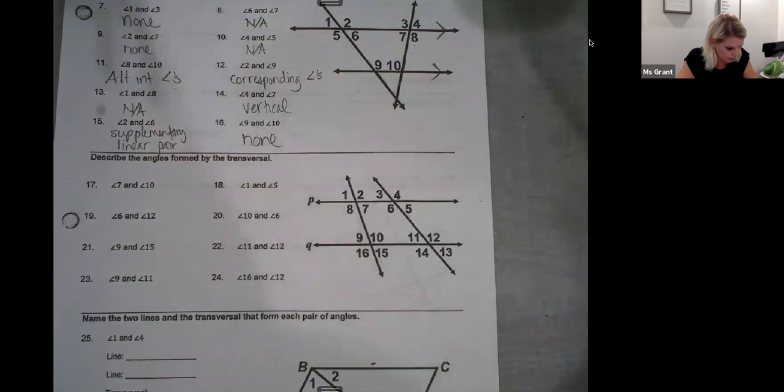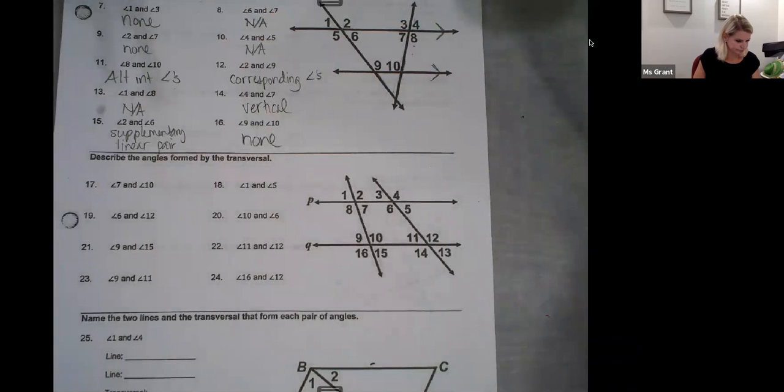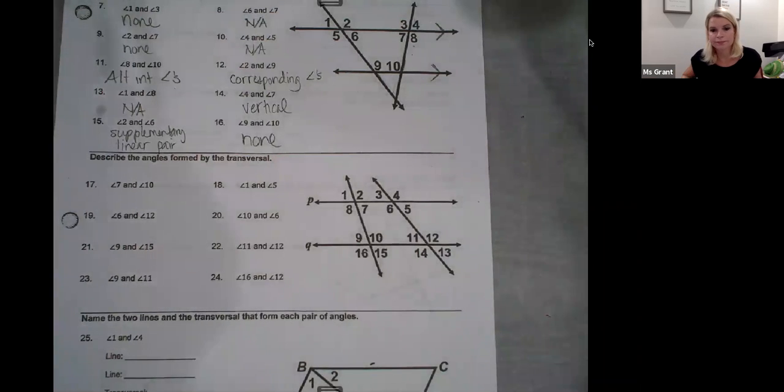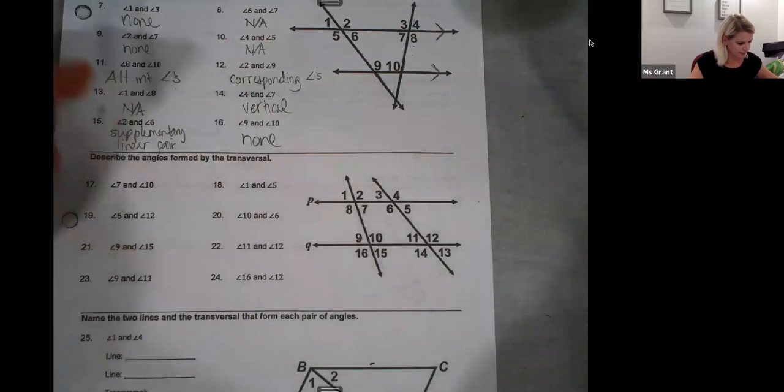Andrea, you're doing 23. Alyssa, you're doing 24. Okay? So take a look at what you've got. Okay, P and Q are parallel, and they are cut by transversals. Okay? Adam, number 17.